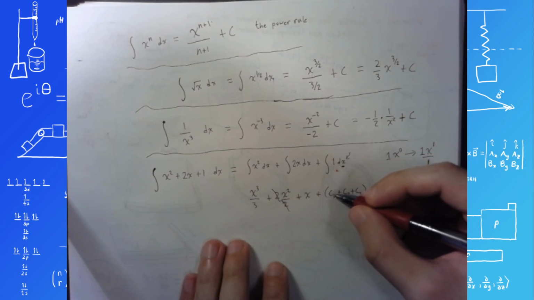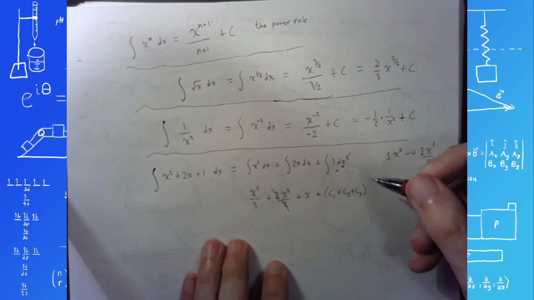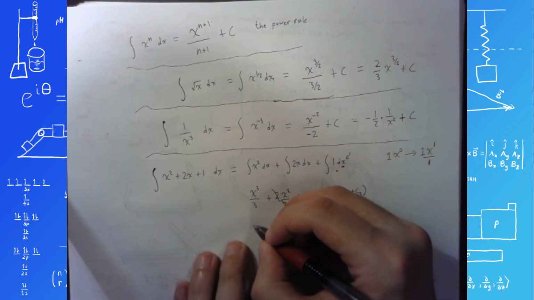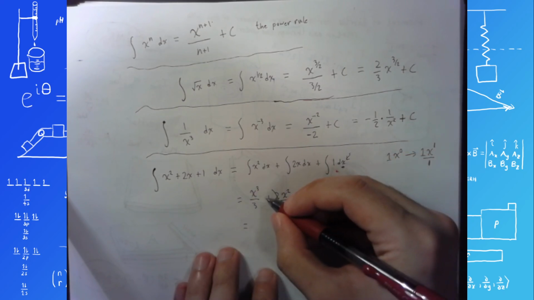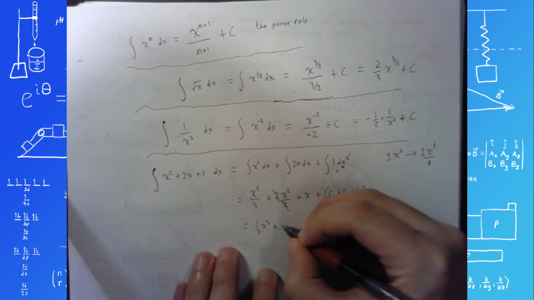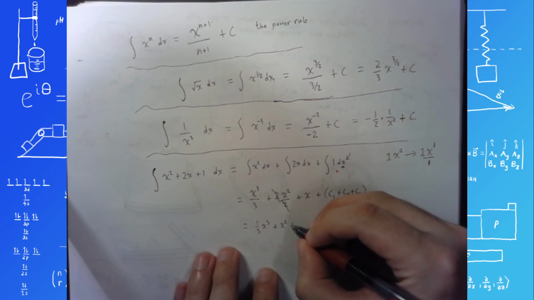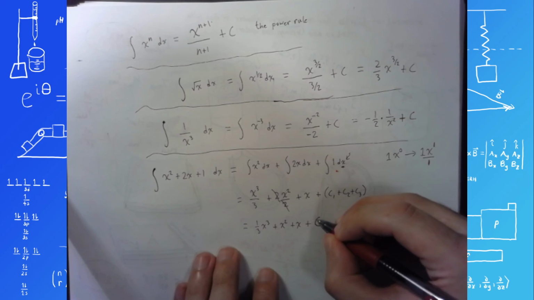So instead of just writing 3 separate constants and adding them, you could just replace them by 1 constant that accounts for all 3. So you're left with, I guess I'll write this as 1/3 x cubed plus x squared plus x plus the big C.